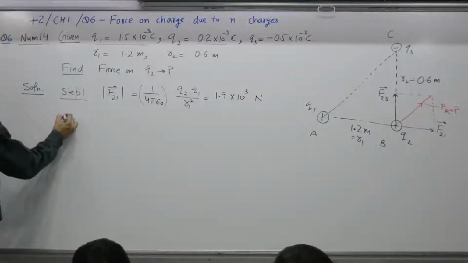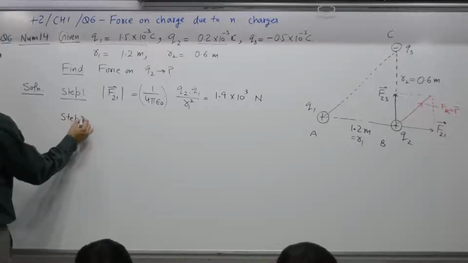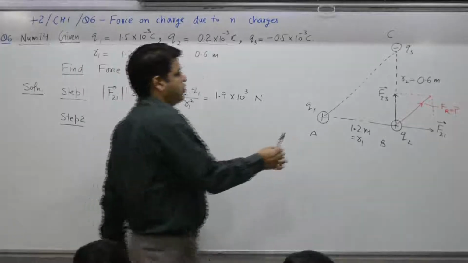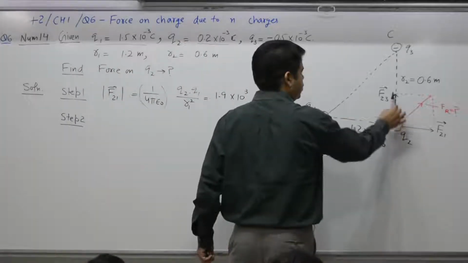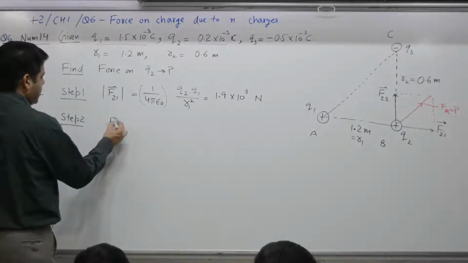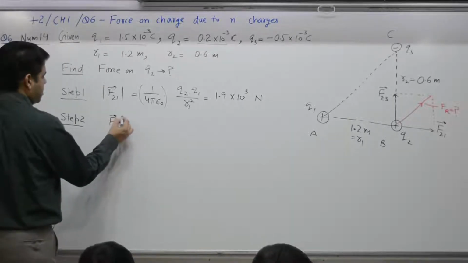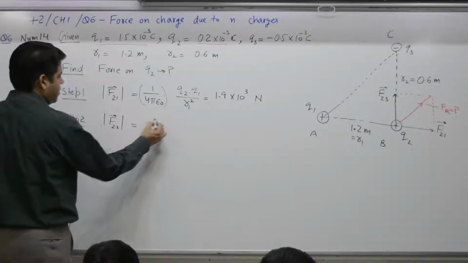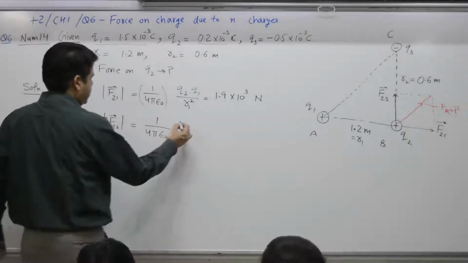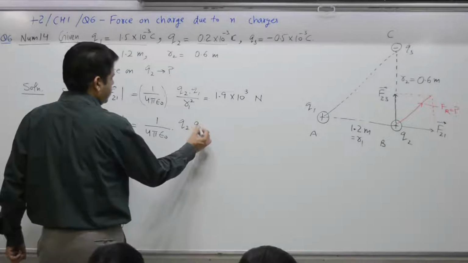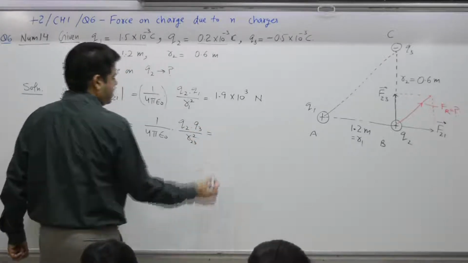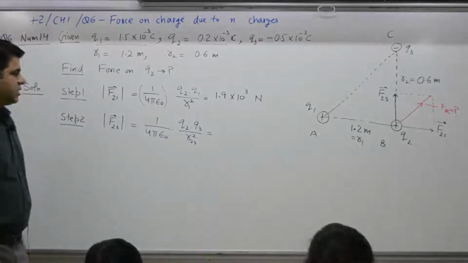Step 2. The force on 2 due to 3, this force, F23. 1 by 4 pi epsilon naught, Q2 Q3 by R23 square. Calculate.